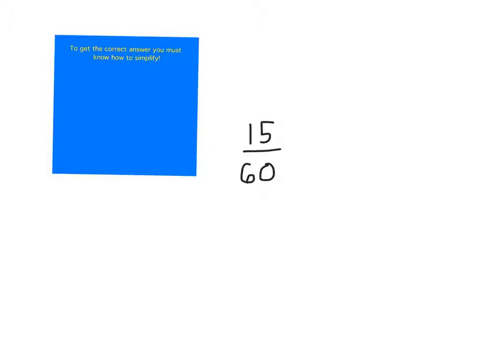So if I listed my factors of 15 and 60, I have 1 and 15, 2 does not go into 15, 3 and 5. And then if I list my factors of 60, I have 1 and 60.